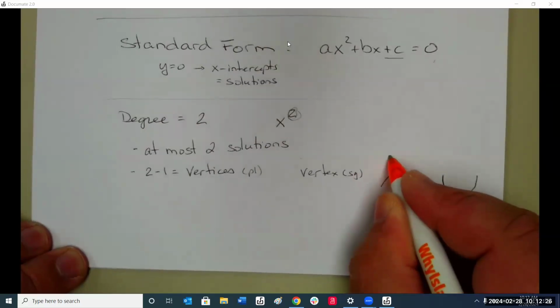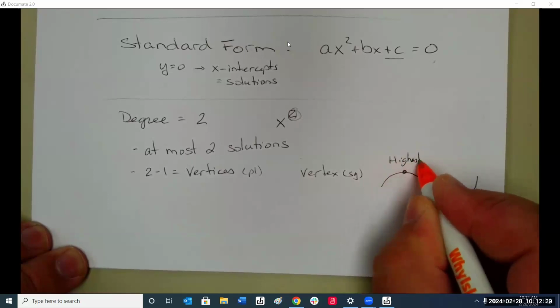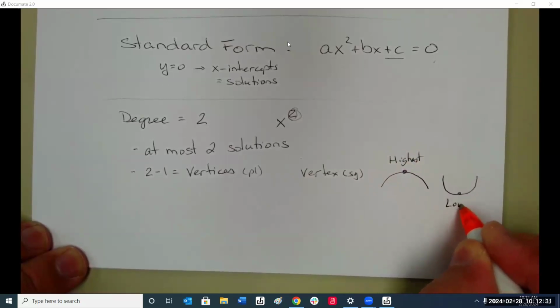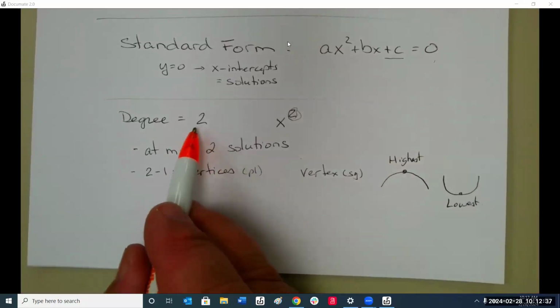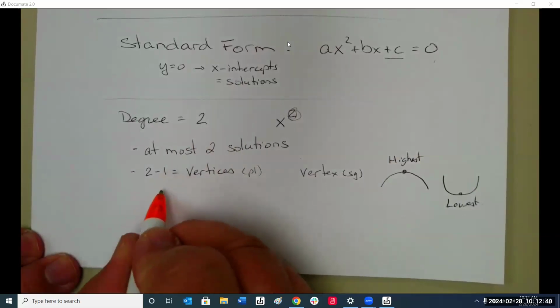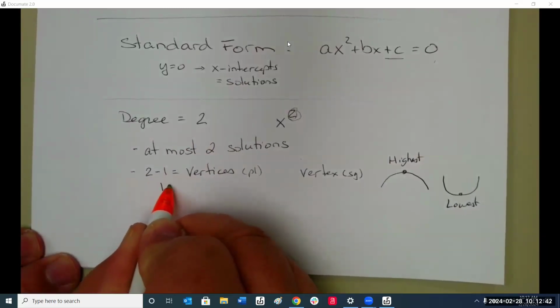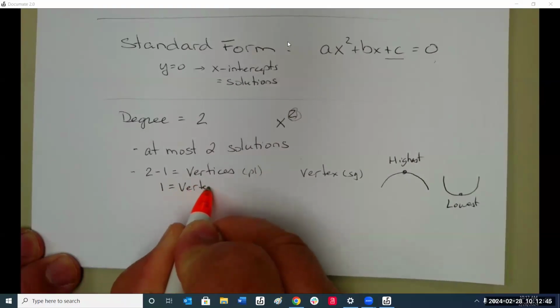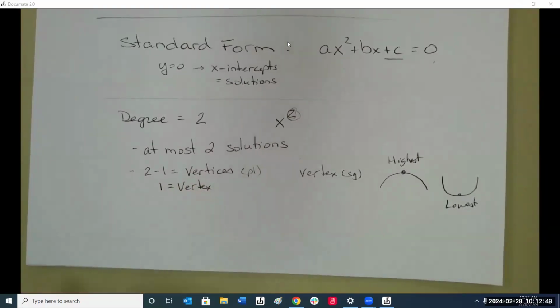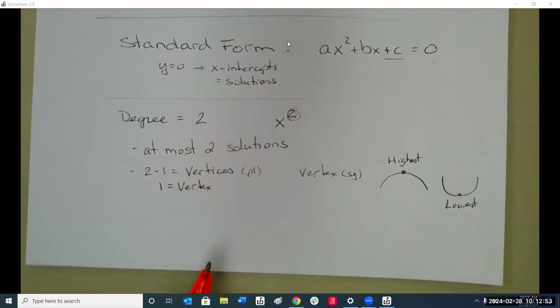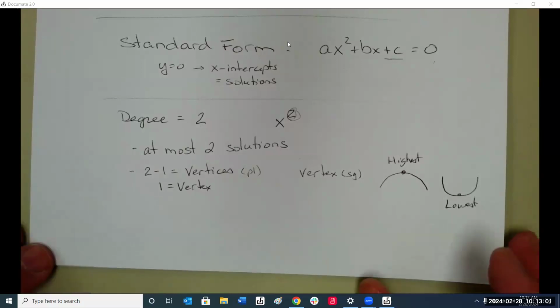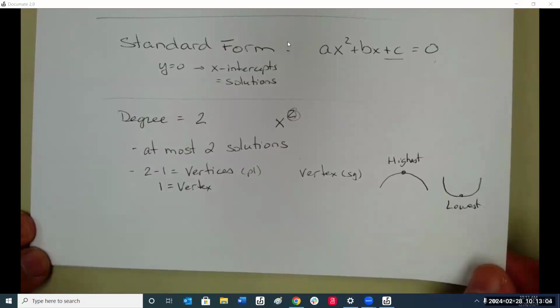It's either the highest point or the lowest point. And in quadratic equations, we have 2 minus 1, so we'll have one vertex. Whatever your degree is, subtract 1, and that's how many vertices you'll have. So far, so good?